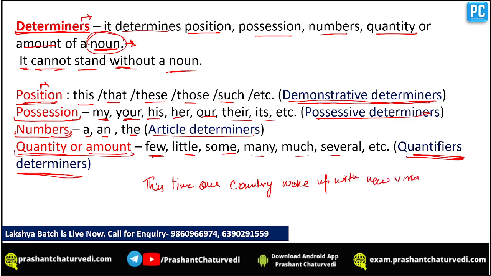If I ask you what is this, here the word this is used as a determiner. And if I ask you which determiner, your answer will be demonstrative determiner. Clear? So determiners are the words which determine the position, possession, number, quantity or amount of a noun.